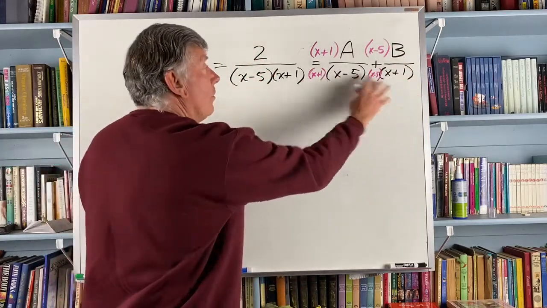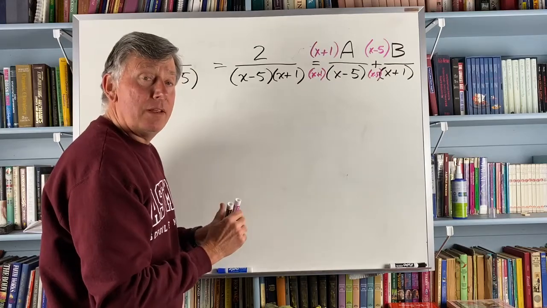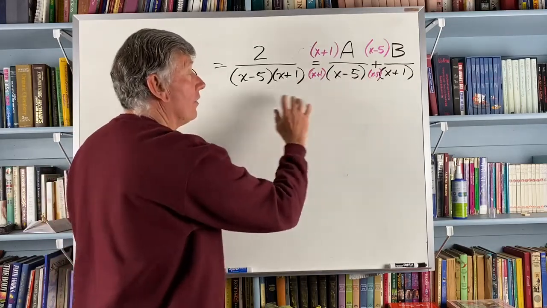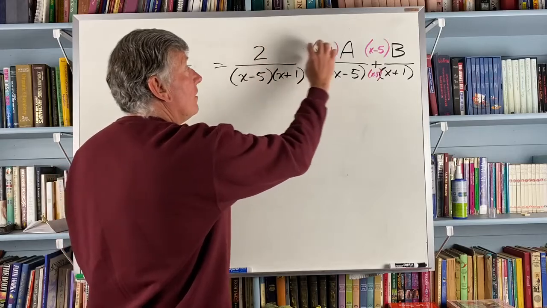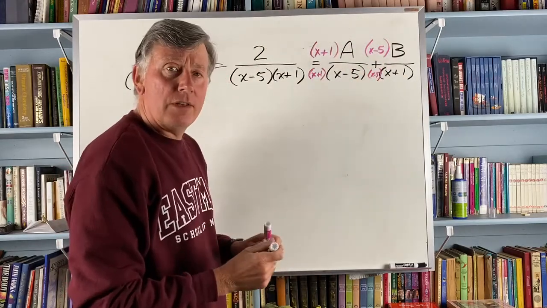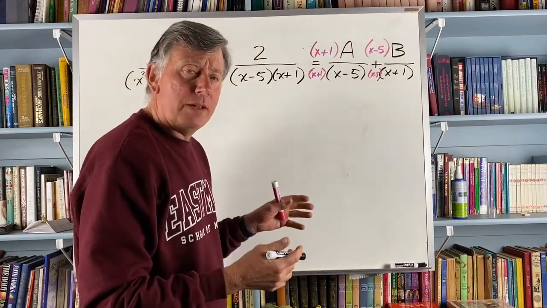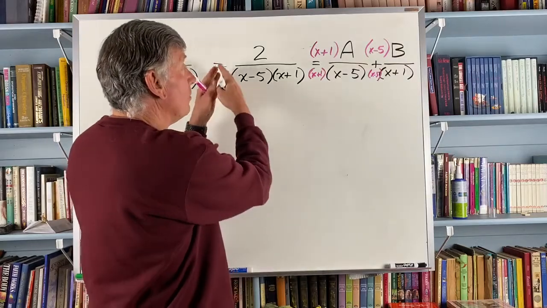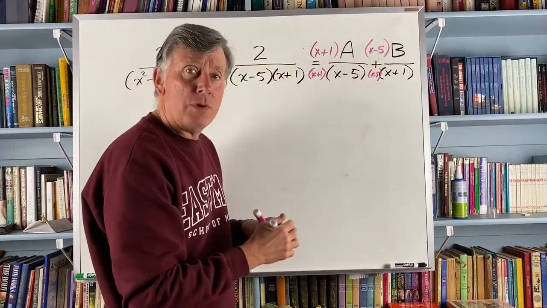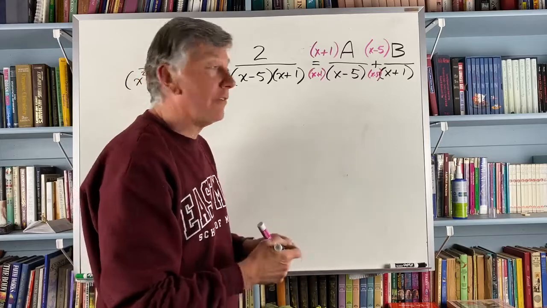Now my denominators are the same. Now I can write this equation straight across. As you remember from previous classes, you just basically multiply this equation through by the denominator to get rid of it.